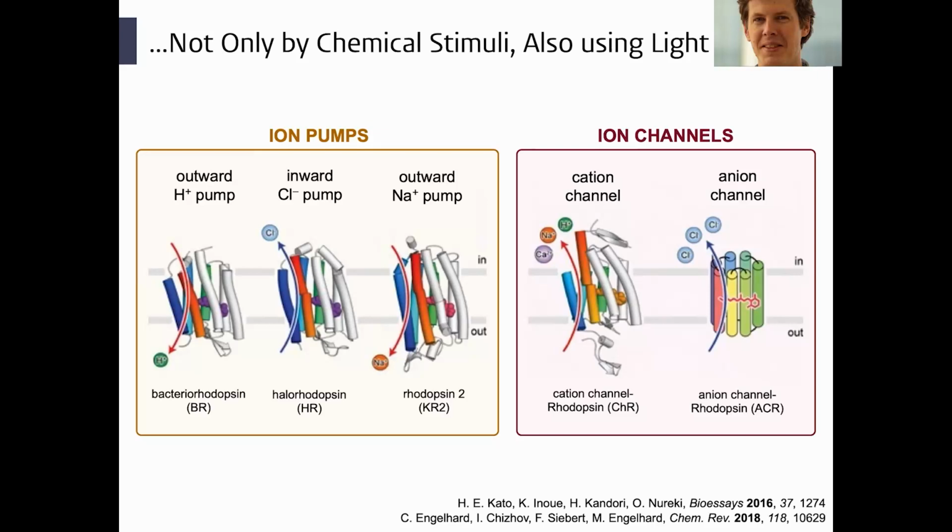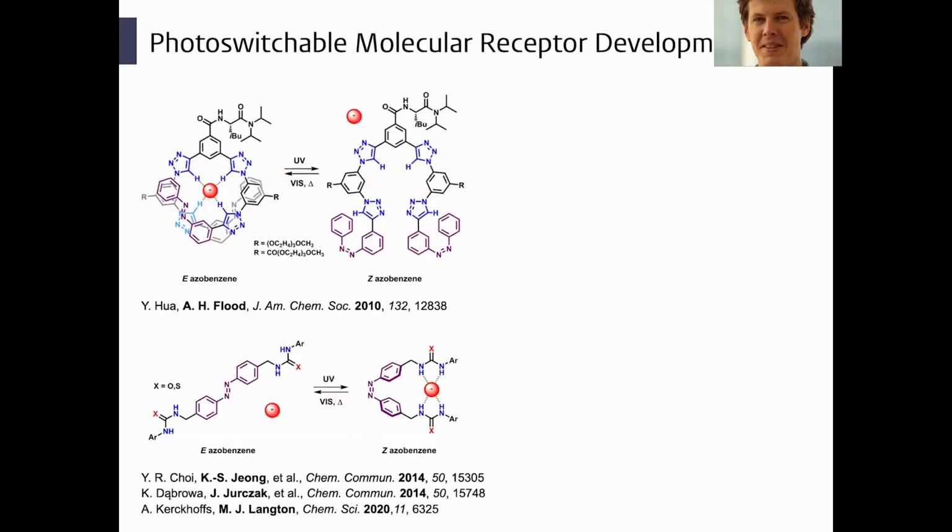But the drawback is that you need to express those proteins by mutations and also often have to feed retinal to, for example, mice that you would like to do these studies in. So in our group, we're interested in developing fully artificial systems based on molecular switches and molecular machines with which you would be able to achieve similar kinds of functions.